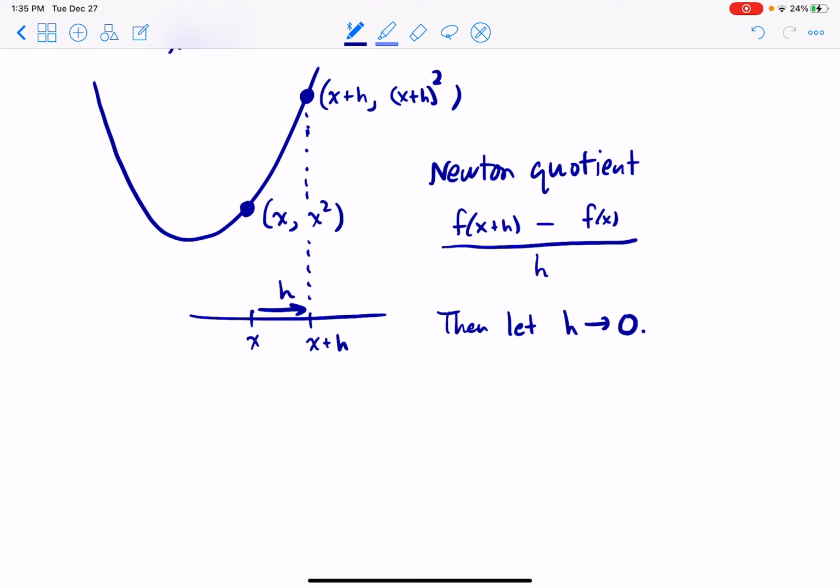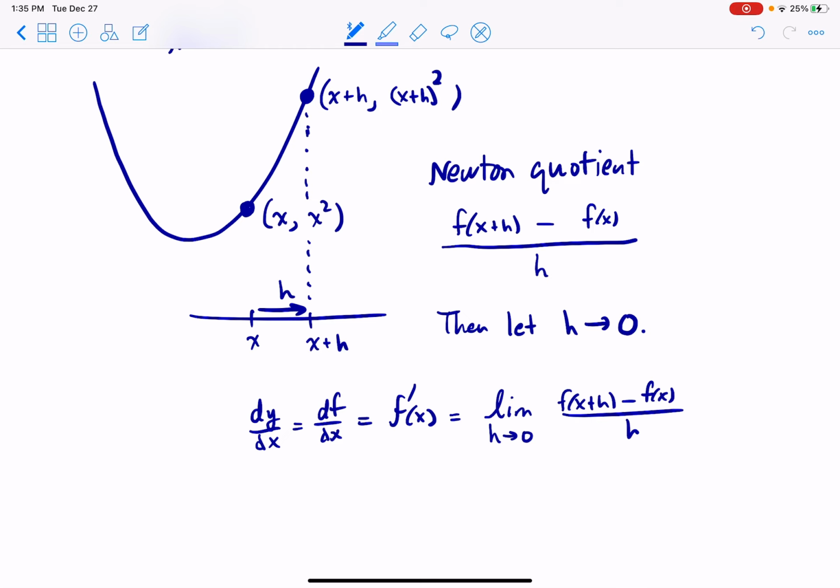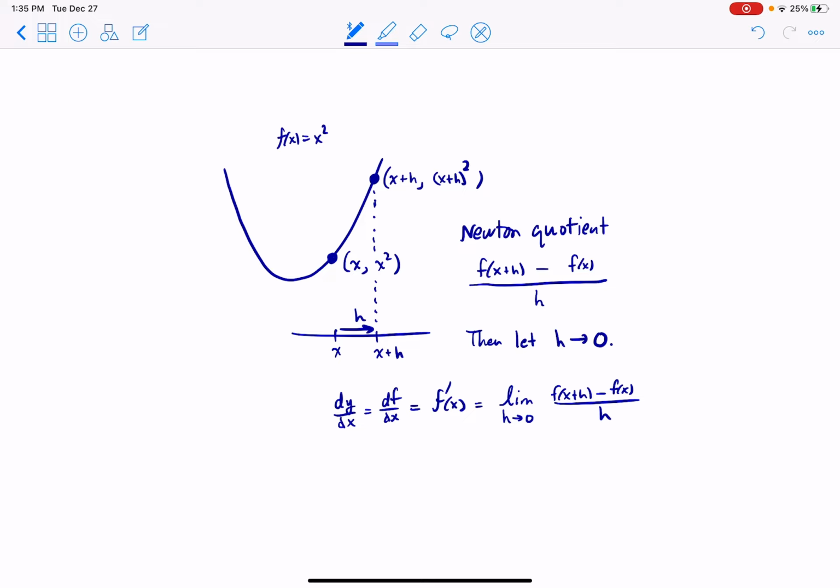So what some people write would be f prime of x, or the derivative df dx, or dy dx, all these different ways to write the same thing, equals the limit as h goes to 0 of what? Of the Newton quotient. Okay, and so let's compute this for this specific function.